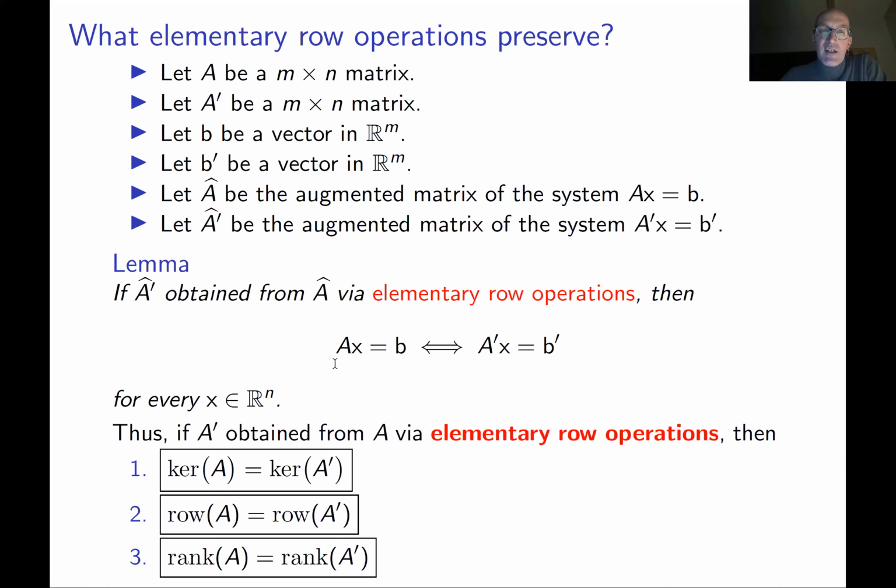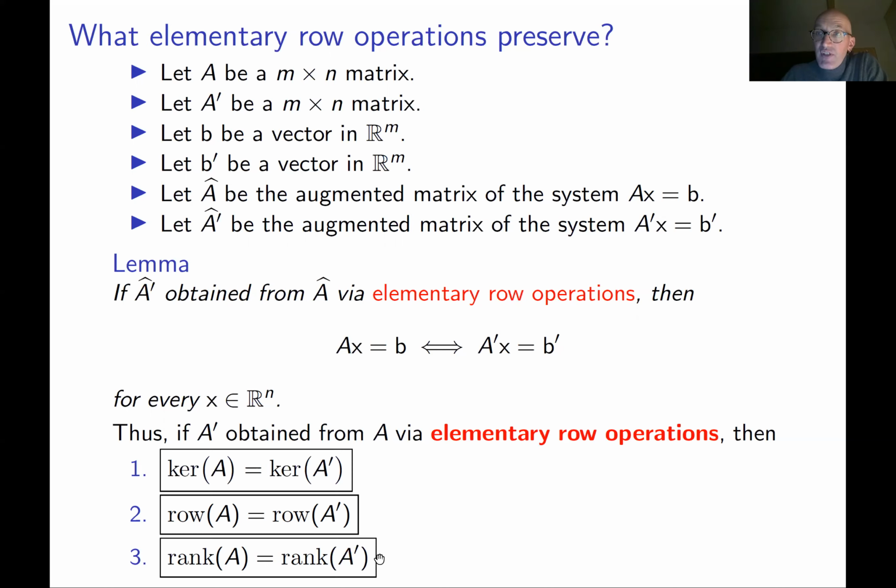So in particular, elementary row operations definitely preserve the row space. Why do they preserve the row space? Because you're basically just changing vectors in the row space. If you have one row, it's an element of the row space. If you multiply it by some number, of course this is an element of the row space, because the row space is a vector subspace. So elementary row operations preserve the row space.